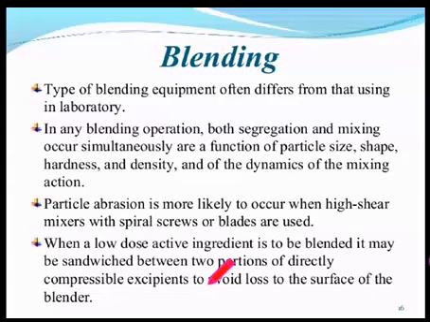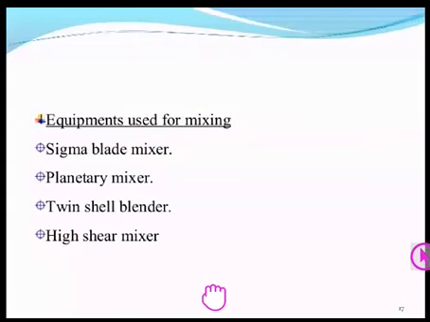This will prevent the sticking of the material to the surfaces of the blenders, which we cannot afford, because a substantial quantity may get stuck to the surfaces and there will be less amount available in the bulk of the mixture, producing the final product with low potency. So these are the equipment used for mixing: Sigma blade mixer, planetary mixer, twin shell blender and high shear mixer.